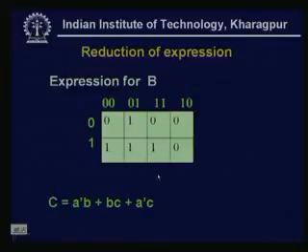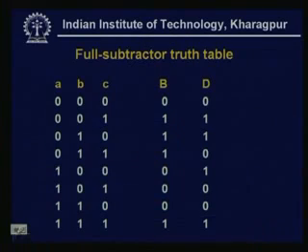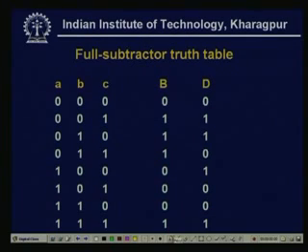Now, what will be the expression for B, the borrow? Again, for the borrow the minterms exist for 0 0 1, which means 1, then 2, then 3 and for 7. So, minterms exist for 1, 2, 3, 7.